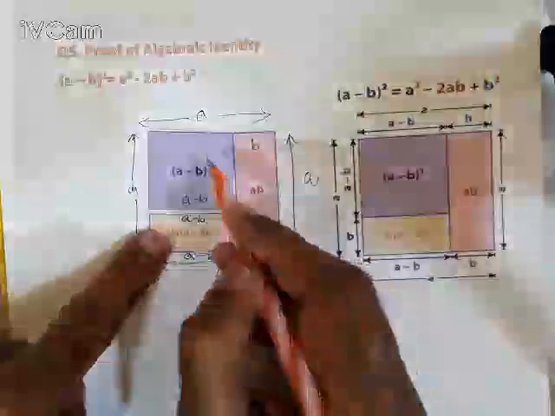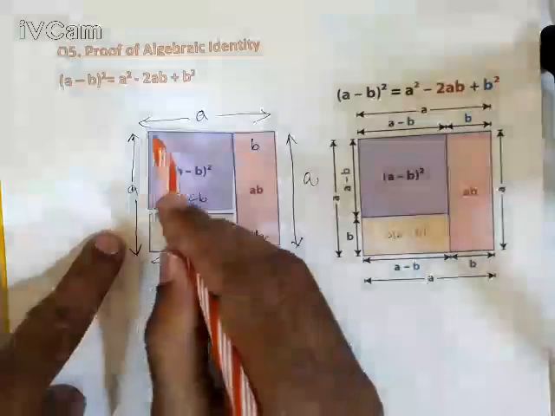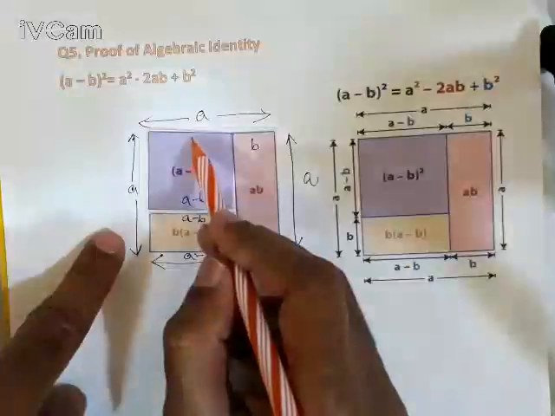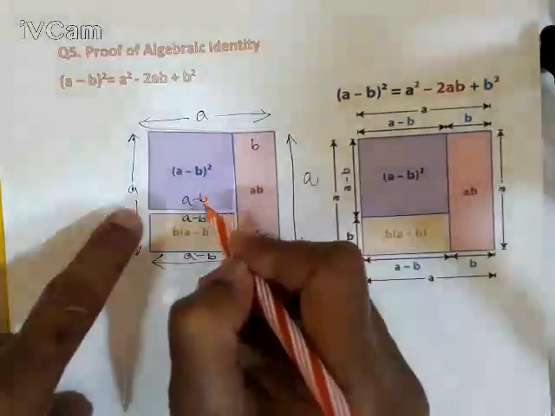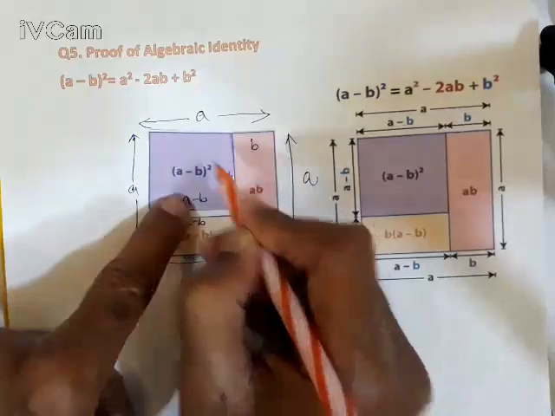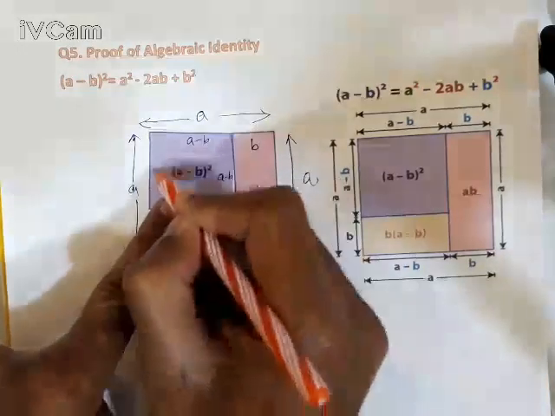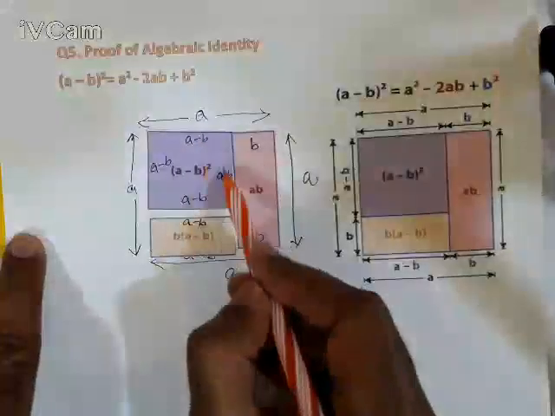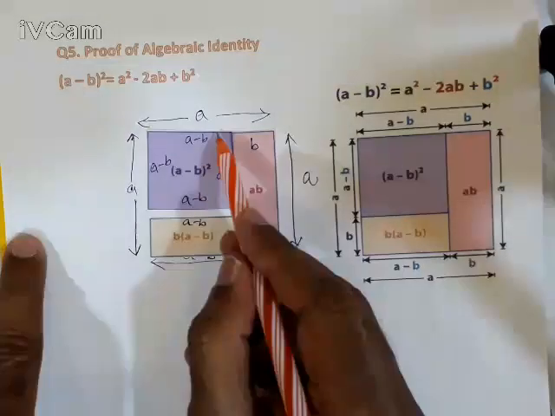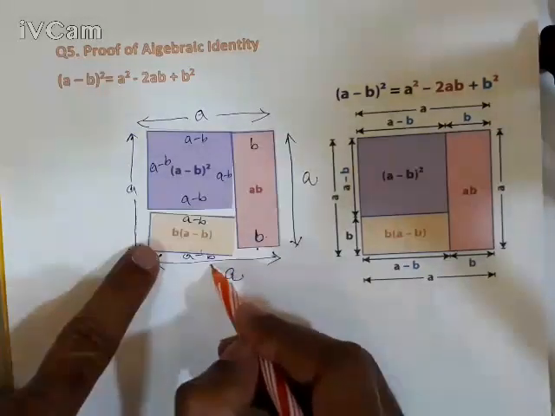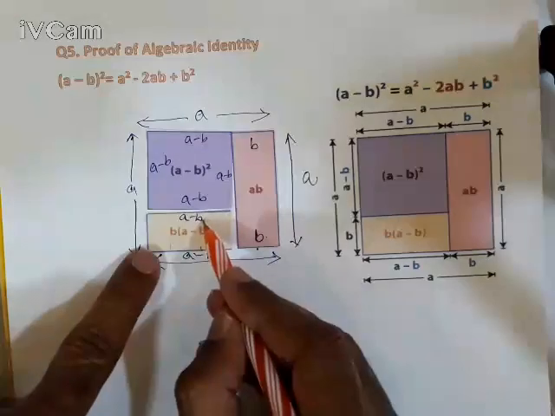And we know that this smaller shape is a square, so if one of its sides is a minus b, obviously this is also a minus b, this one is also a minus b, and this one is also a minus b. So all the sides of this small square are a minus b.